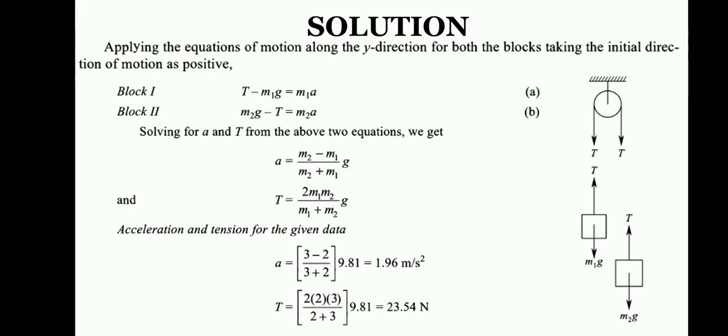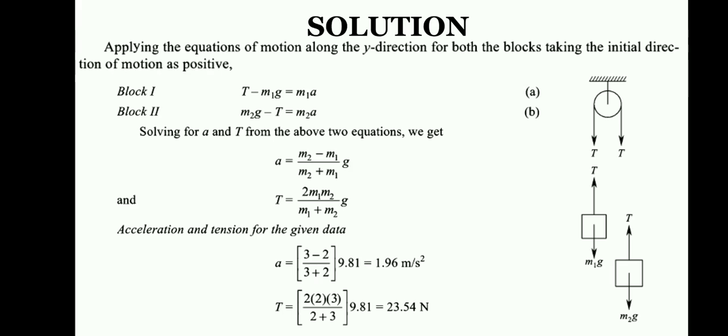Block 1 is moving with an acceleration in the upward direction. So in the upward direction, T is positive and weight is in the downward direction, so it is taken as negative. Tension is in the direction of motion, so it is taken as positive, and weight is opposite to the direction of motion, so it is taken as negative.